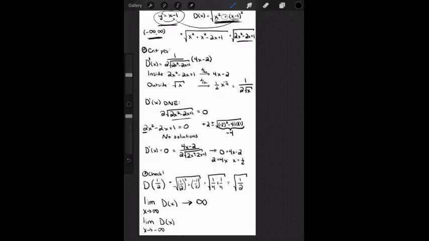Now, negative infinity, on the other hand, if x is going to negative infinity, then x squared is going to positive infinity. And if x is going to negative infinity, x minus 1 is going to negative infinity. But then again, when we square it, it starts going to positive infinity again. So the square root of positive infinity plus positive infinity is just infinity.